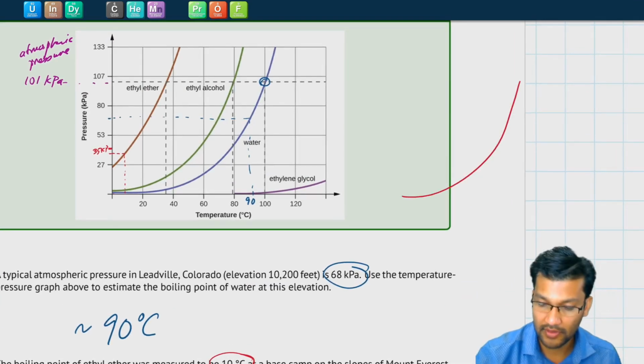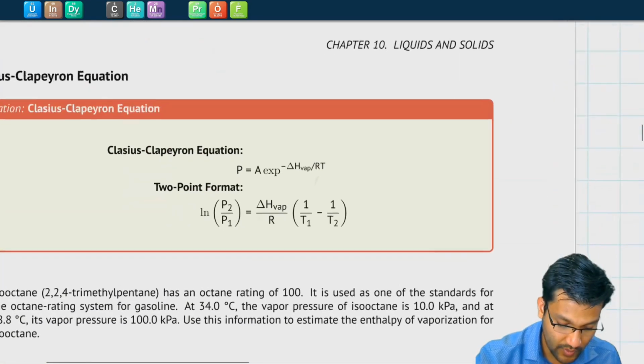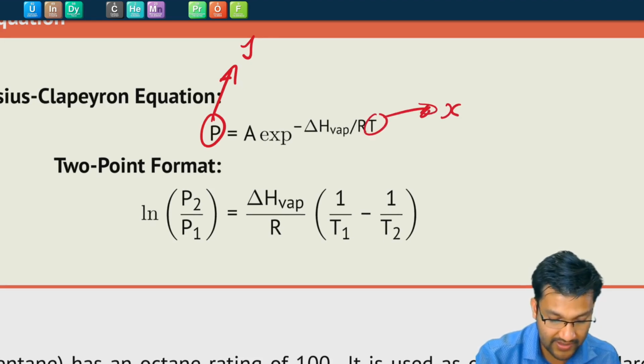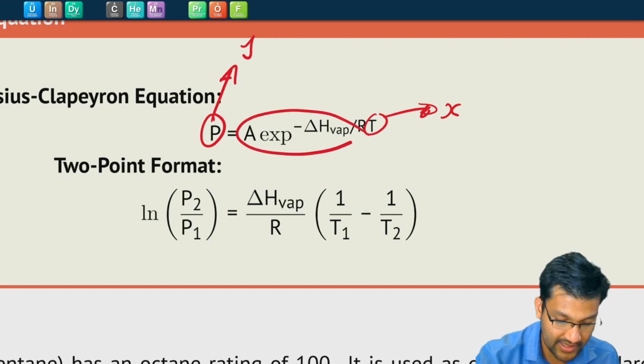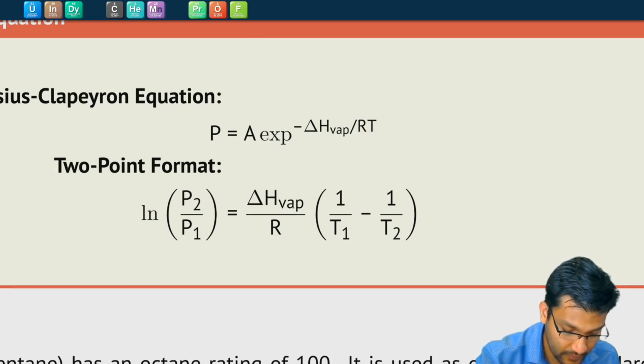It's an exponential. So we can use an exponential to describe that line, and this is what we get. P here, according to that graph, is y on the y-axis, and temperature was on the x-axis, so P grows as an exponential of the temperature. In this equation, let's erase some stuff. P is the pressure, as we mentioned.